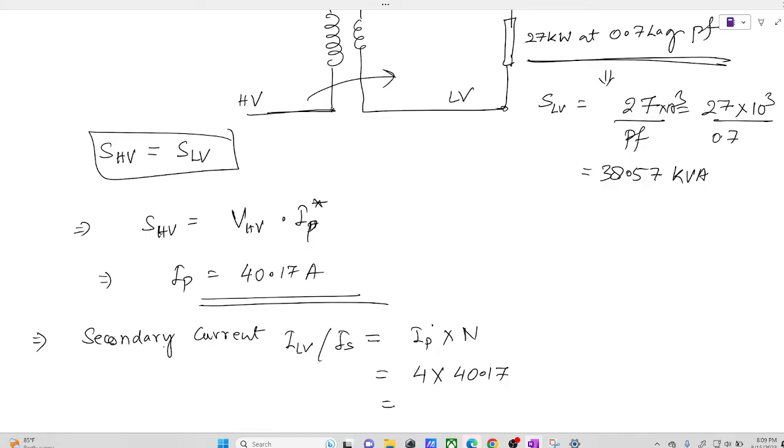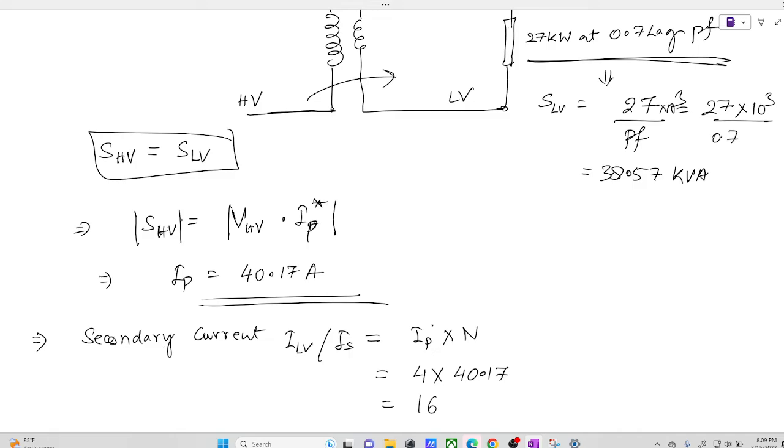Yes, any doubt? Sir, SHV equal to VHV into IP star, no? Yes. And that IP star is equal to IP, is it? Both are equal. See, actually what I should have written, okay, no need of angle. I am not dealing in terms of angle, they have asked only magnitude. Okay, angle is not needed.